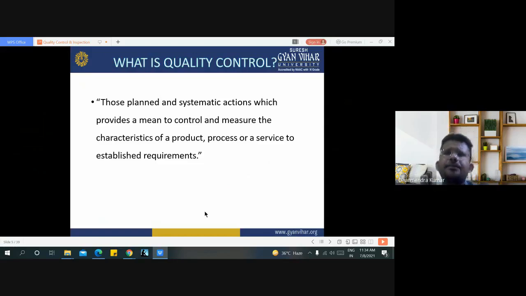Then we take actions, like during the inspection process, if we find any deviation, we implement quality control, because the quality of the product coming out of the industry is more deviated from the prerequisite characteristics. Thus quality control is needed for betterment of the characteristics of our product and for overall customer satisfaction.